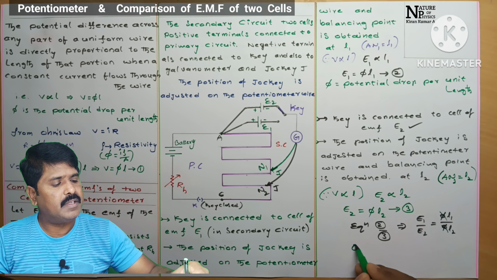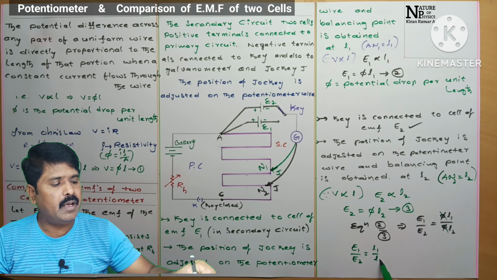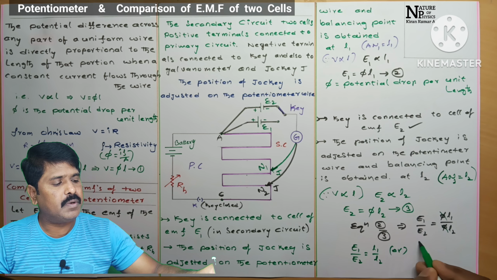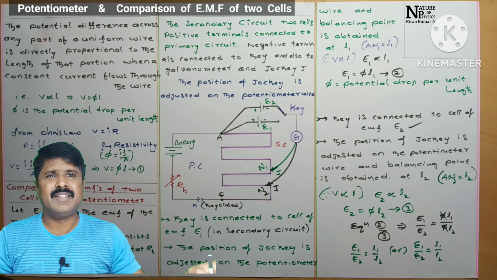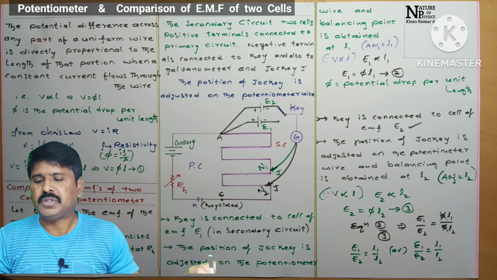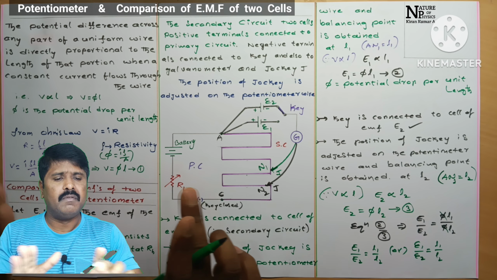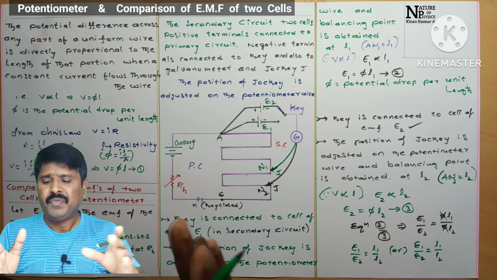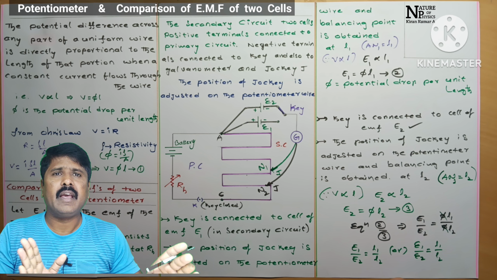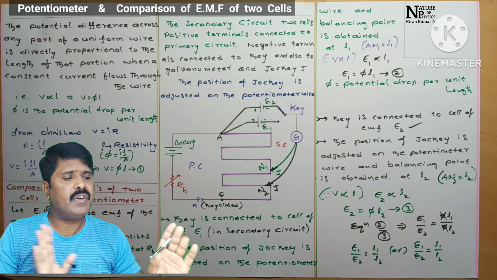Then I got the answer: E1 by E2 equals L1 by L2. So this is the answer for the given question. Everything is clearly written, with sequence, continuity and diagram, step by step we did.